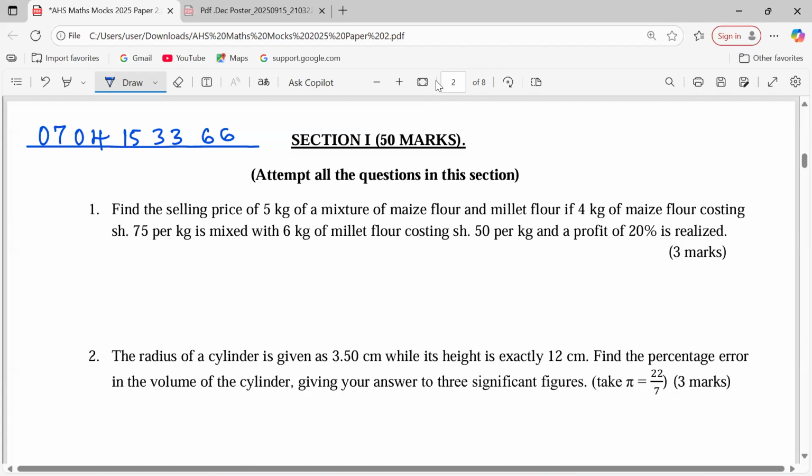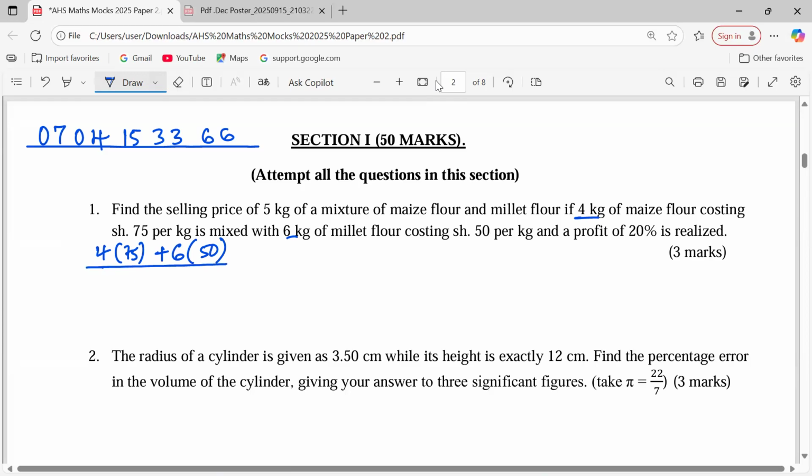Look at this. We're supposed to say first, we are mixing 4 kilograms of maize, each costing 75. So let's get the cost of the mixture per kilogram. Then the 6 kilograms of millet, each costing 50. So this will be the total cost of the mixture, but we want to get per kilogram.